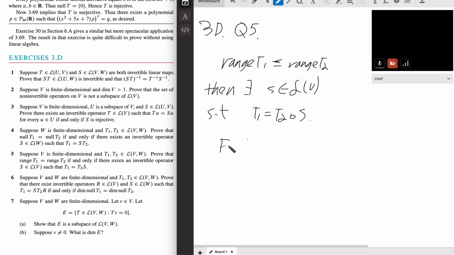Let's say for arbitrary V, T1 of V is equal to W. Or no, perhaps we don't want to do it this way. We already tried this way. We want to use a linear combination in terms of its basis.